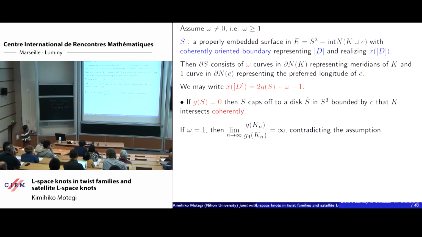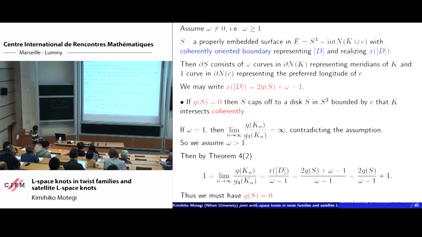Okay. So now, if the winding number omega equals 1, then the ratio goes to infinity, as I mentioned, so contradicting the assumption. Thus, we may assume that the winding number is greater than 1.